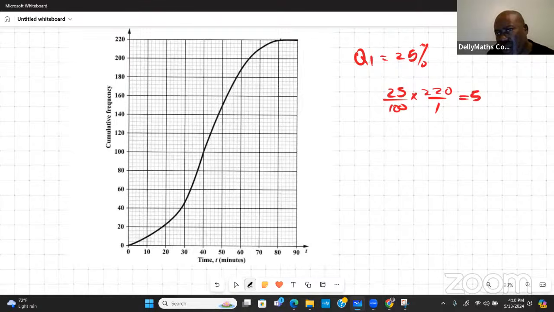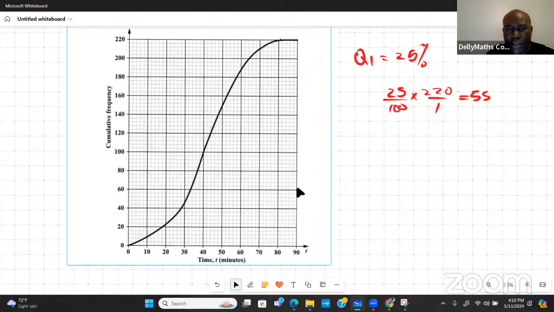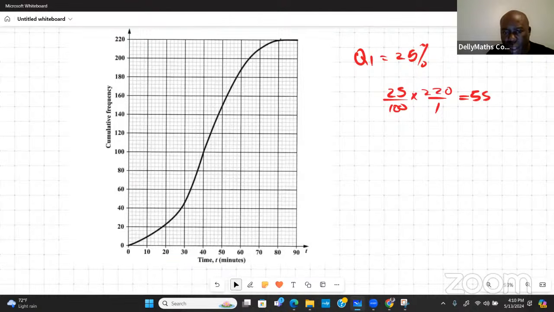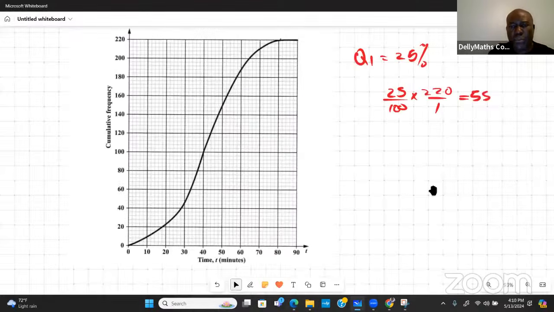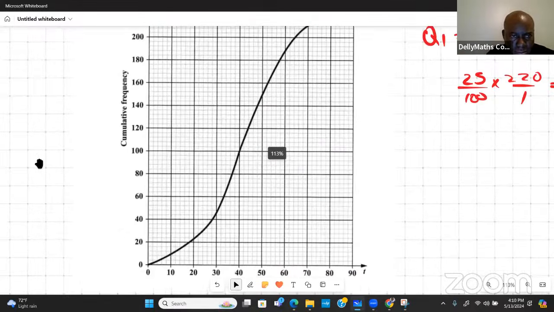So I want to go where 55 is, and I'm going to bring that to the curve and then read off. All right, let's find 55. Let me blow this up.